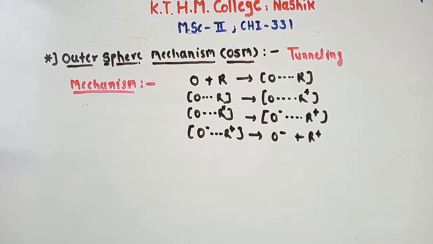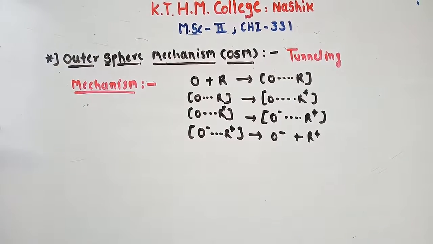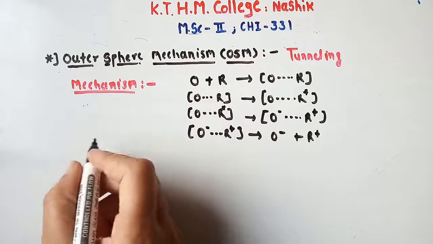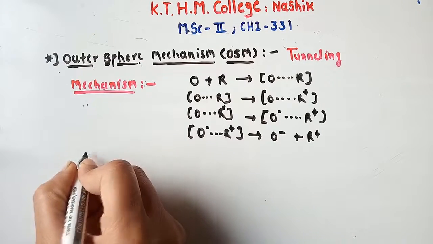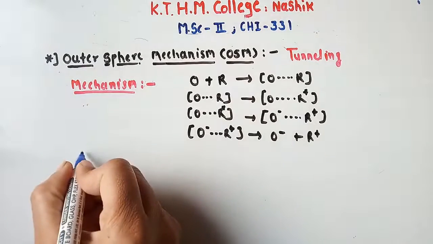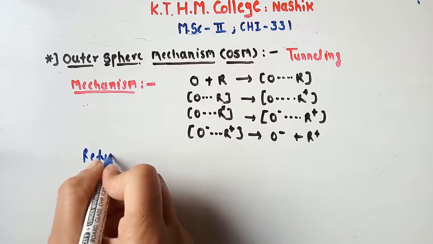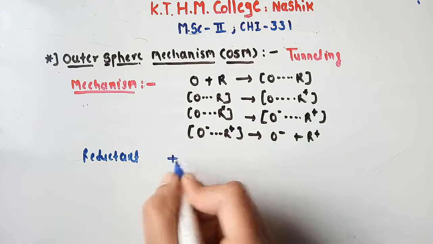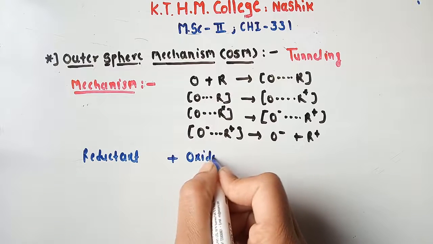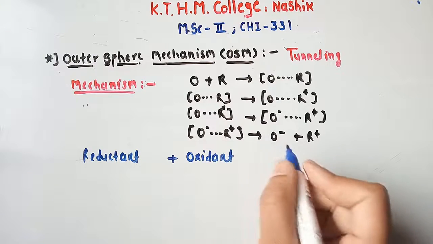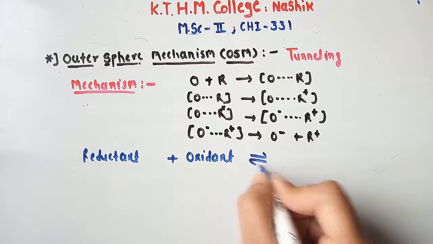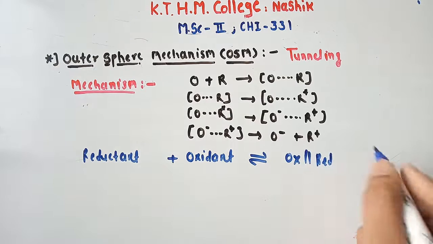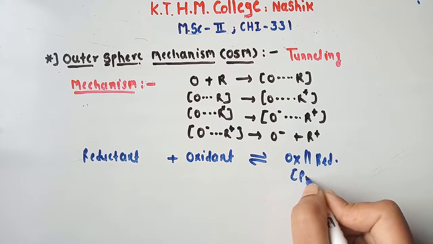Okay, so let's see what exactly happened. See, if here is reductant, while here is oxidant, this is your reactant molecule, which gives oxidant reductant as a precursor complex.